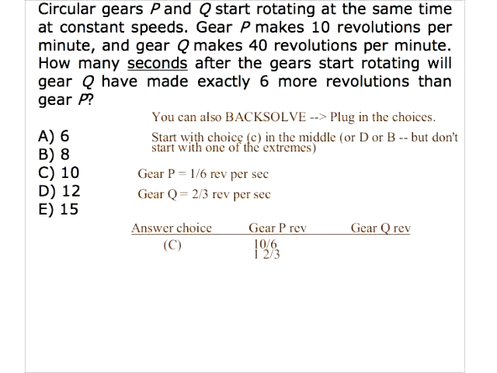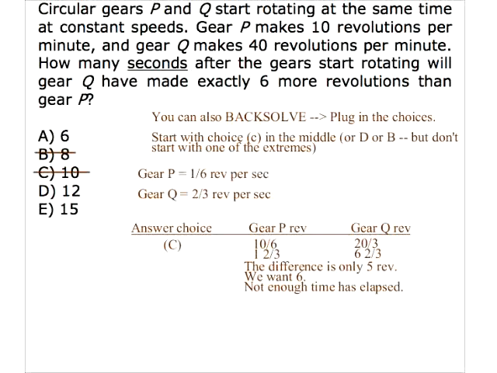And gear Q goes 20/3, which is 6 2/3. So the difference is only 5 revolutions. We want 6, so that means that not enough time has elapsed, because there would be a bigger difference if more time had elapsed. So that means that C is gone, but so are A and B. So it's between D and E at this point.